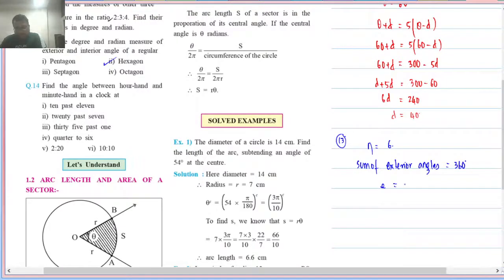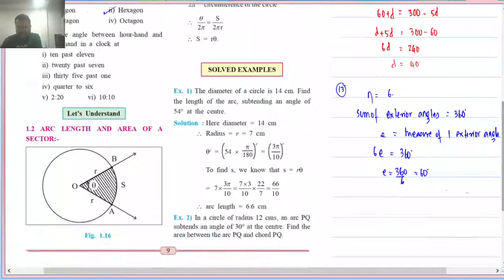Let E equal one exterior angle. So 6 into E is 360. So E is 360 upon 6, which is 60 degrees.